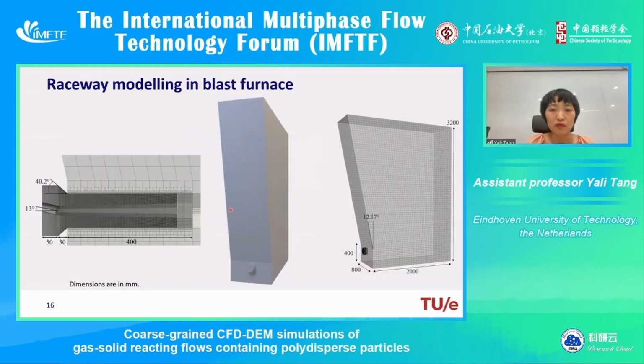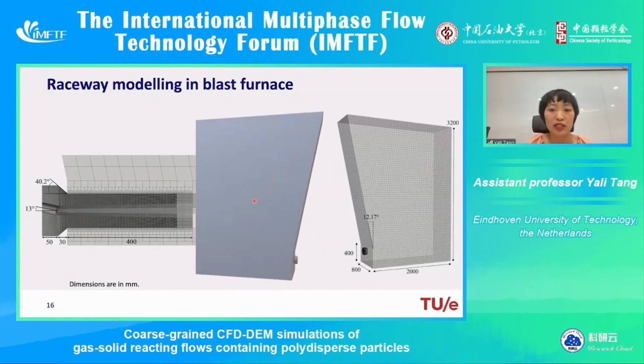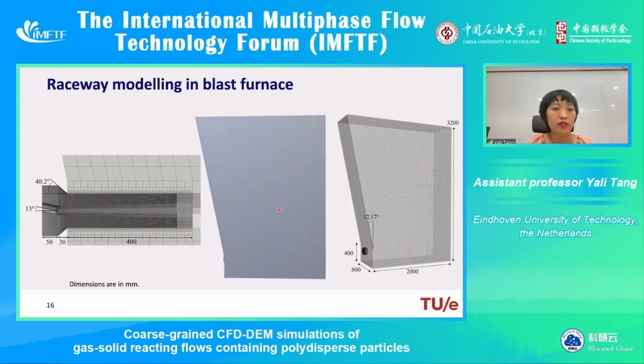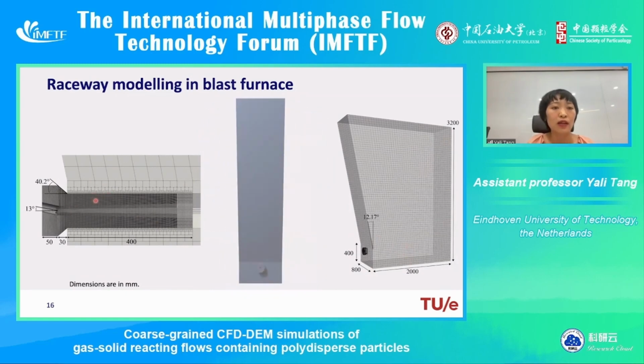And this is a 3D visualization of this domain. If I zoom in on the injection area, you can see that again we apply a mesh refinement nearby the injection lances. This outer ring is the hot air lance, and the cylinder inside is the injection of the pulverized coal.